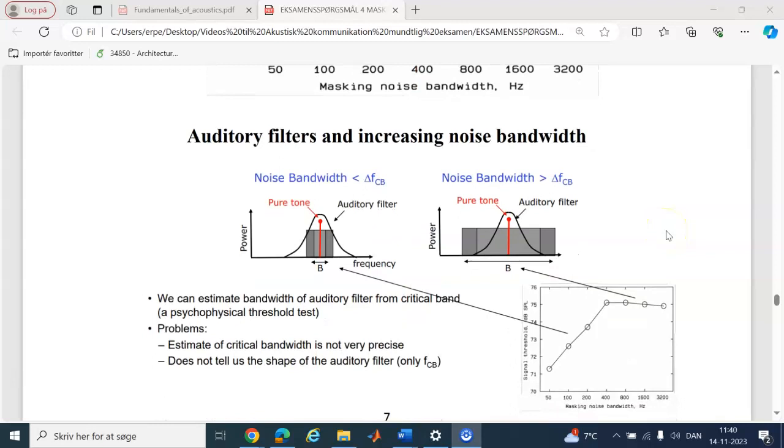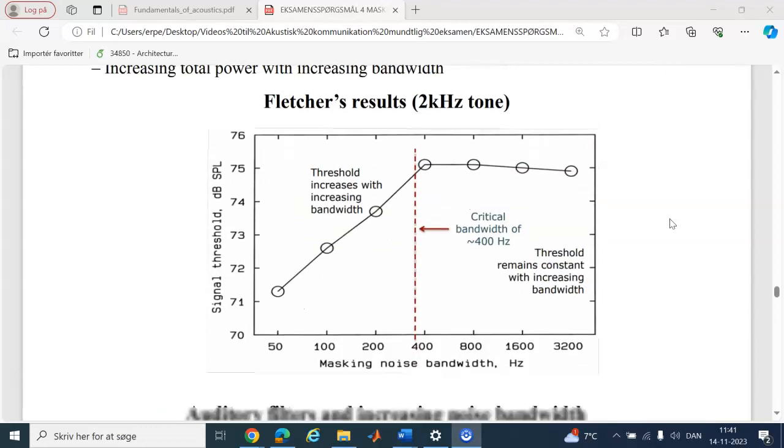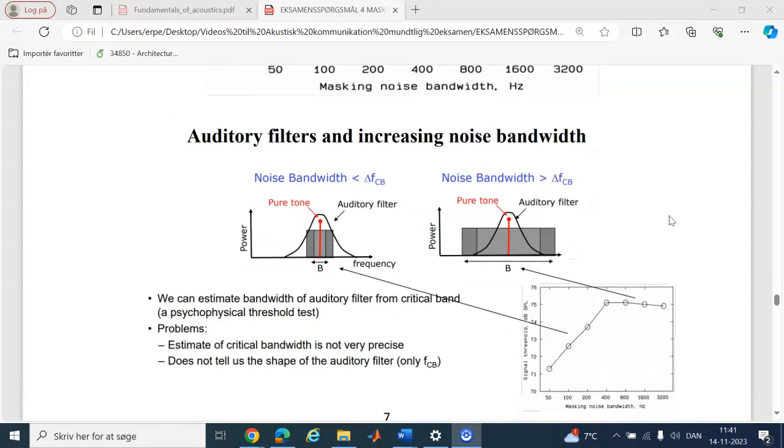Auditory filters and an increasing noise band. If the noise band is narrower than the critical bandwidth, delta FCB, then the threshold will increase with the bandwidth.